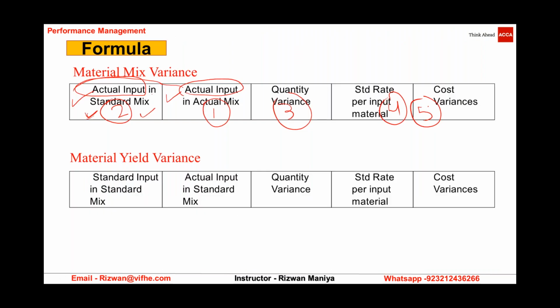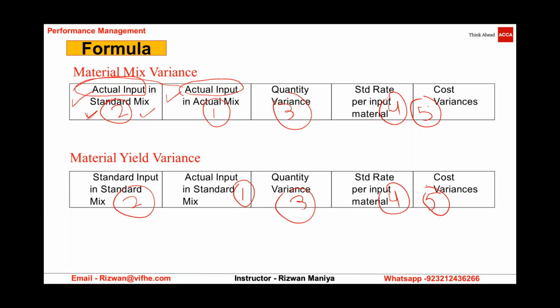So you can see for yield it says standard input in standard mix, actual input in standard mix, quantity variance, standard rate, cost variance. So this is exactly the same. Listen everyone, this is very simple. First this, then this, and then this.